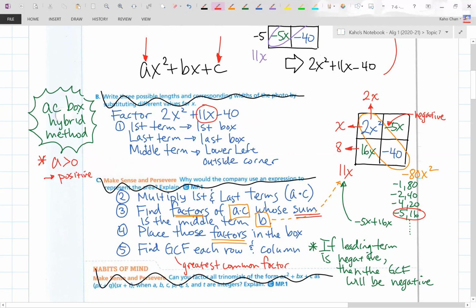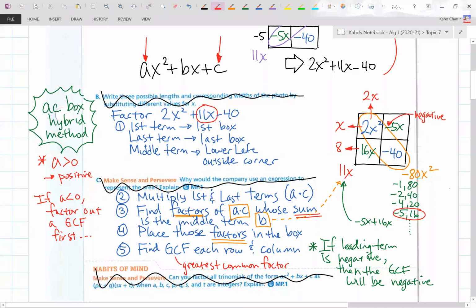If A is negative, factor out a GCF first. Okay? Want to point that out. So this method only works if your leading term A is positive. When I say factor out a GCF first, make sure it includes the -1, okay?